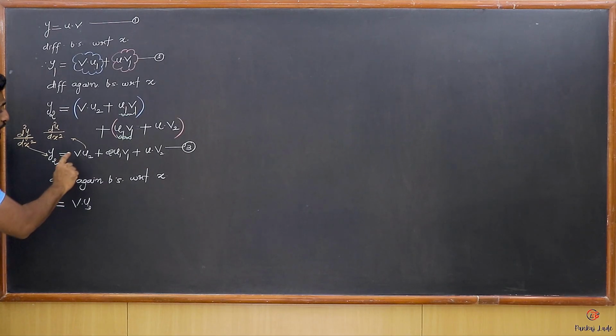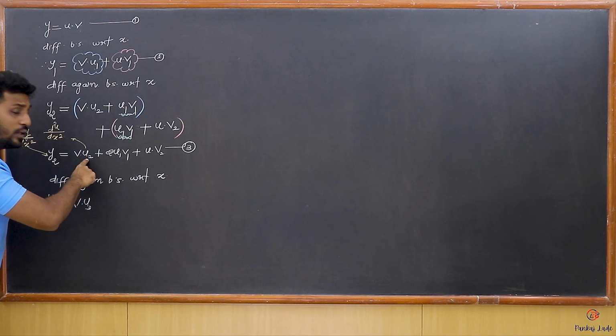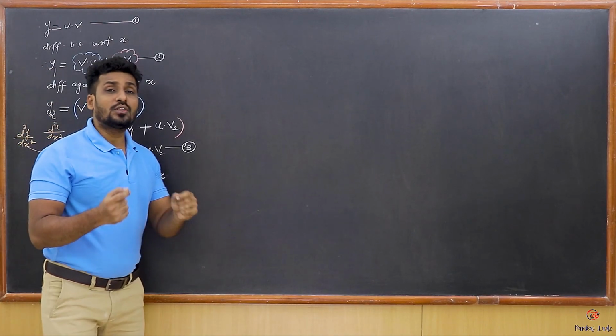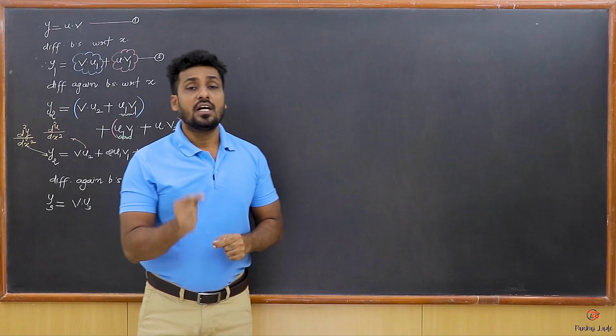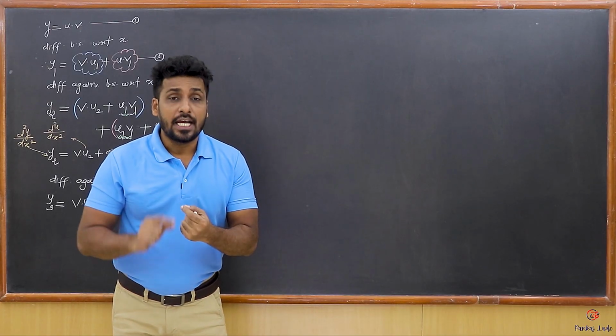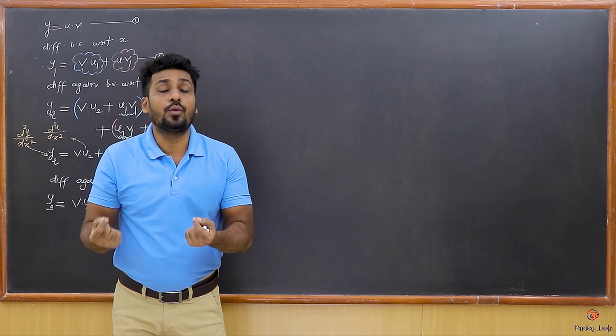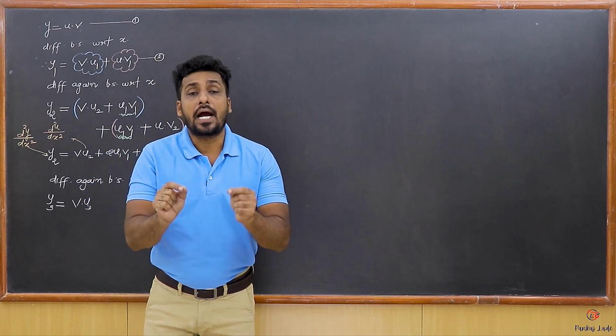So students, now tell me, this is v, this is u2. v is a function of x, we know. u2 is also a function of x, because again, if I give you y is equal to sine x, I ask you the first derivative. The first derivative is going to be cos x. If I ask you the second derivative, the derivative of cos x is minus sine x.